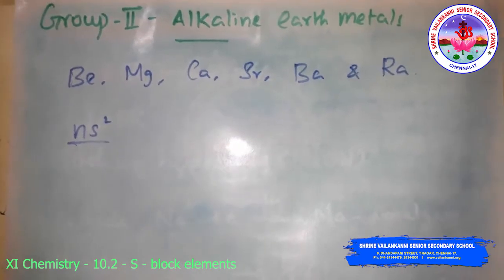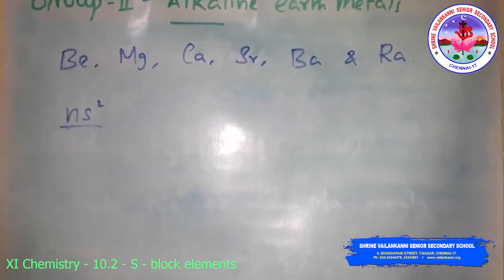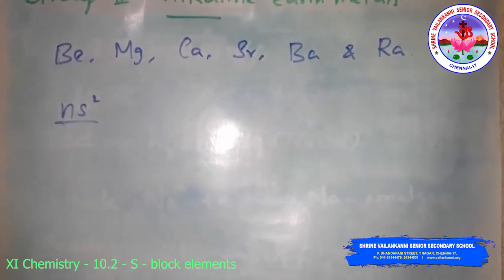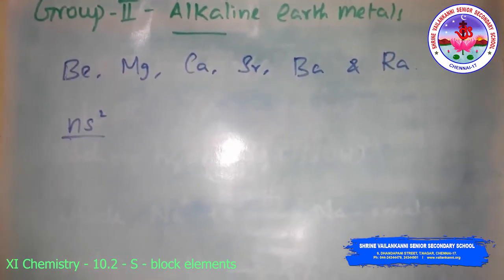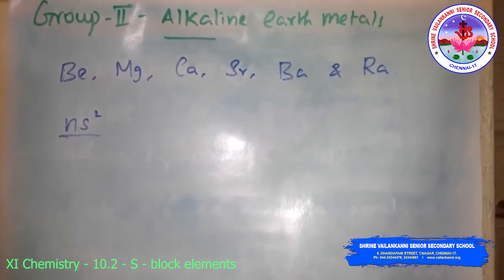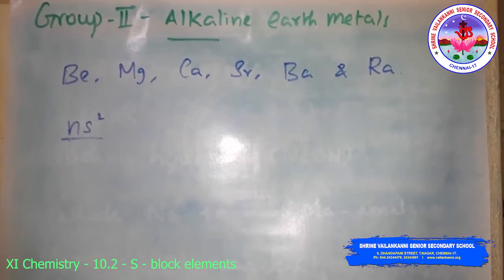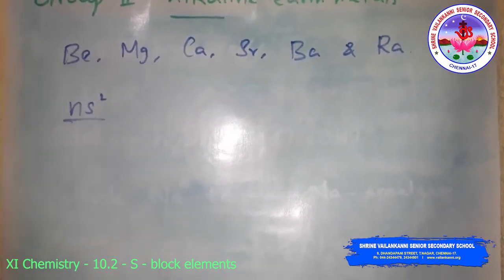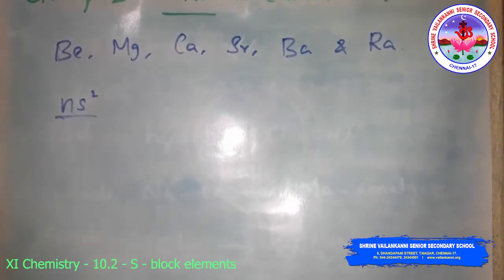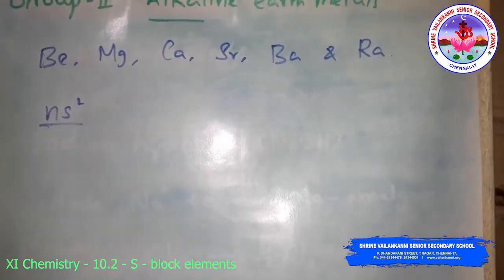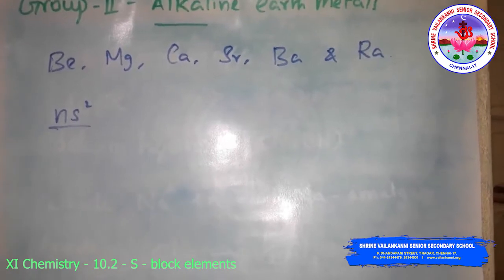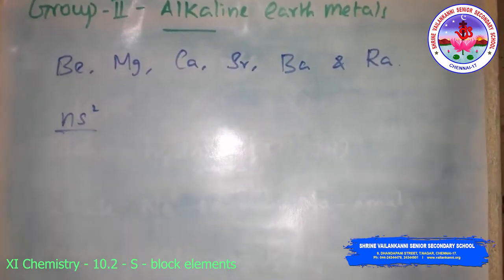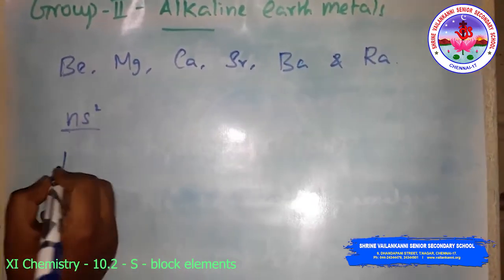The atomic and ionic radii of the group 2 elements, the alkaline earth metals, are smaller than those of the corresponding alkali metals in the same period. Because of the increased nuclear charge in these elements, within the group the atomic and ionic radii increase with increasing atomic number. Next is the ionization enthalpy.